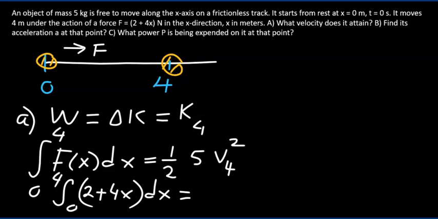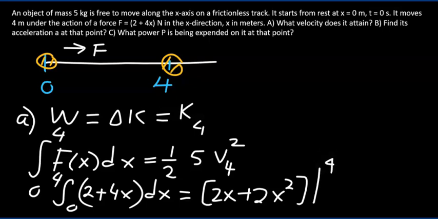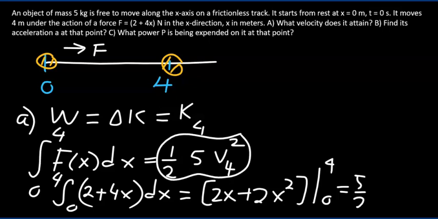That is quite simply 2x plus 2x squared, and then you put in the limits. And this is the same as 5 over 2 v4 squared.